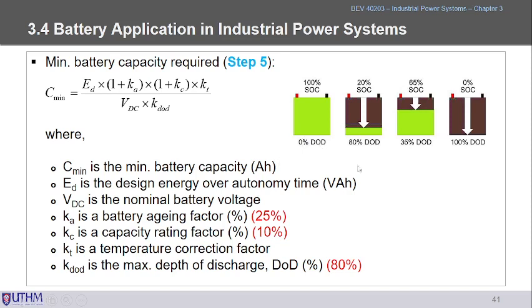For example, here if we say DOD is 80%, it means we use up the battery until the remaining 20% only, then we have to charge it again. Okay? So that means the allowable discharge level is 80%. The maximum discharge level here is 80%.